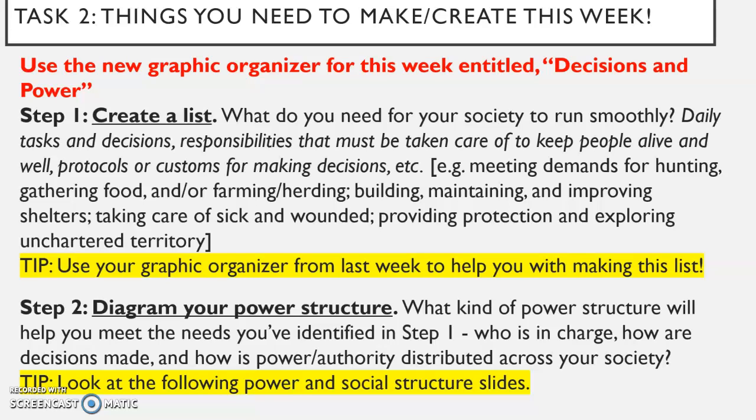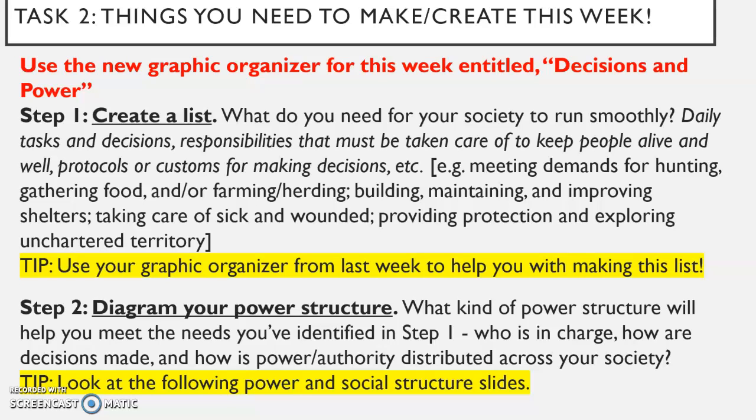So you want to use your graphic organizer from last week to help you make this list and start thinking about what are the needs and what are the tasks and decisions that you're going to have to be considering for each day in your society.